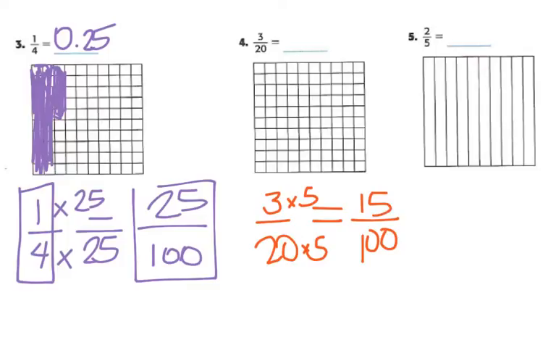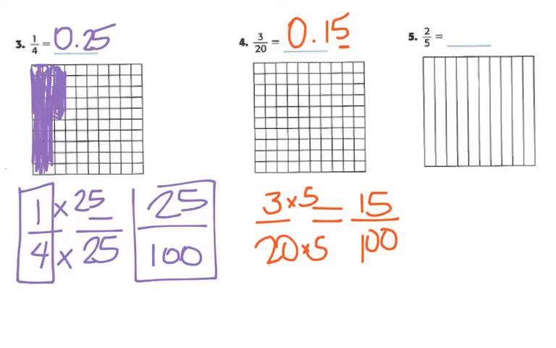And I got 15. So now I have 15 hundredths, which I can simply write as 0.15. Because I know that that's how I would write 15 hundredths as a decimal. I know that the 5 here is in the hundredths place, and the fact that I have 15 means there's at least 1/10 there.